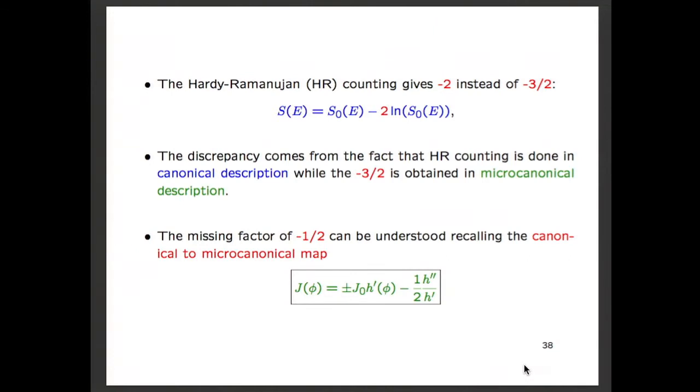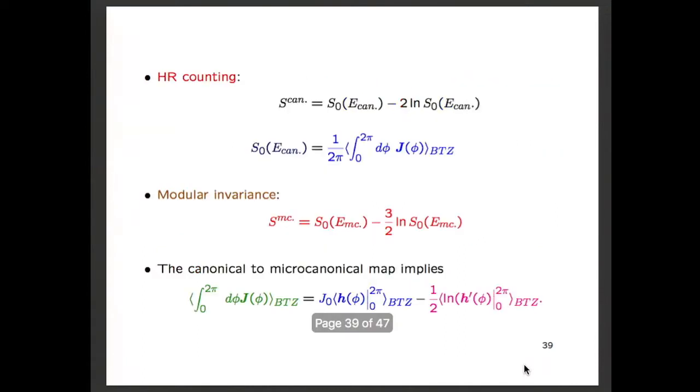If I take J naught, which is related to the mass of the BTZ black hole, to be large, namely I take this one to be the dominant part and this part to be the subdominant, I can do the computation and do basically the mapping between the two.